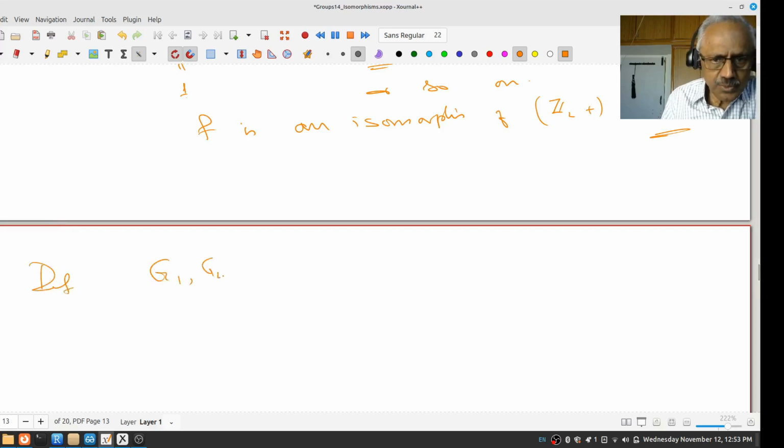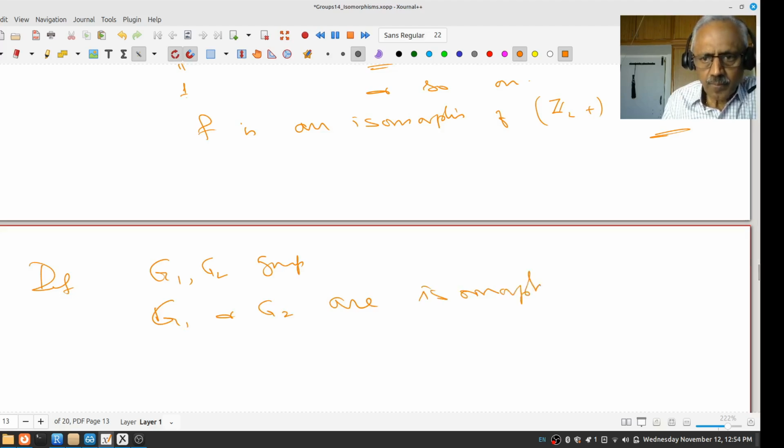G1, G2 are groups. Okay, we say G1 and G2 are isomorphic if there exists an isomorphism f from G1 to G2.